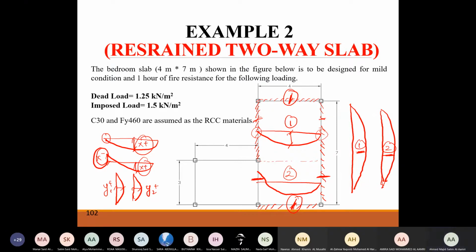Once again for the negative bending moment, in case number 1 for X, there is no negative bending moment, so I don't need to consider it. In case number 2, there is a negative bending moment, and it will only appear wherever there is a continuity. On the other side, there is no continuity, so there is no need to supply reinforcement. It is 0 only.